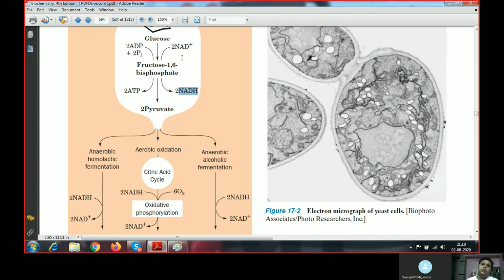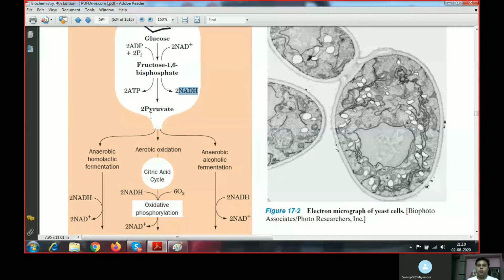As a result, all the NAD plus present in your cell cytoplasm will be converted to NADH. That means the concentration of NAD plus is extremely low to carry out the further reaction of glucose to pyruvate, that is glycolysis.